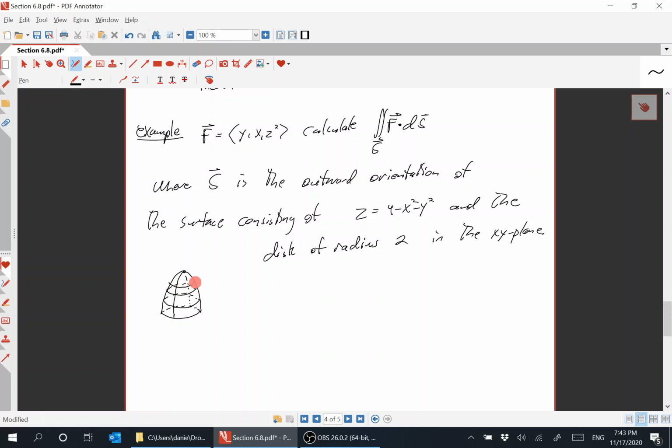So here, that's the paraboloid z equals 4 minus x squared minus y squared, and then here's that disk. That's the surface S, oriented outward: outward in these directions, and then upward right at the top. And the disk on the bottom is oriented downward.